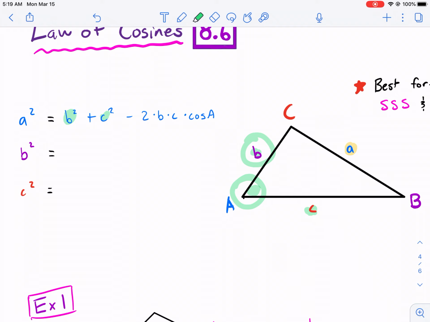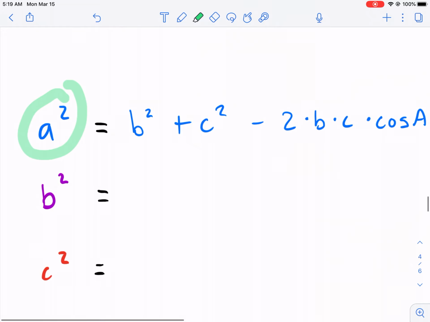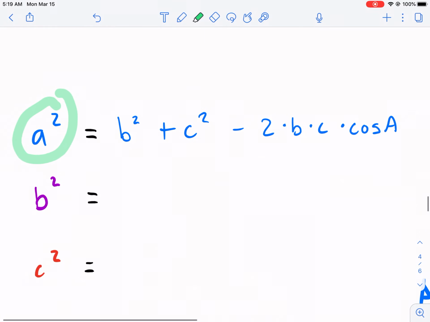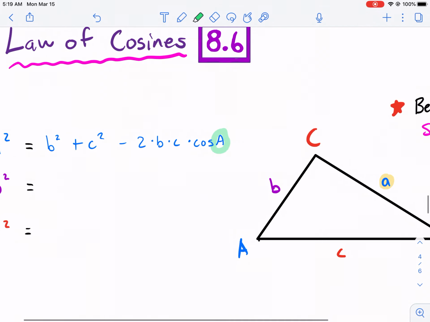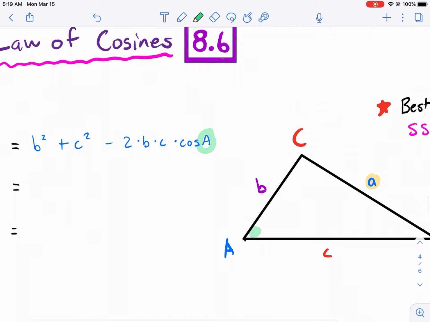Now, it's also important to note that you can find other things than the one side that's by itself on that side of the equal sign. You could find side B if you're looking for that one, you would just need to rearrange everything. You could find side C, or you could find angle A. If you're looking for this angle, that's fine.